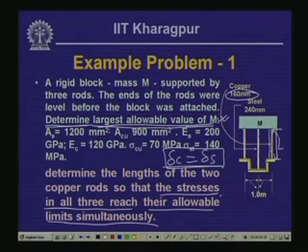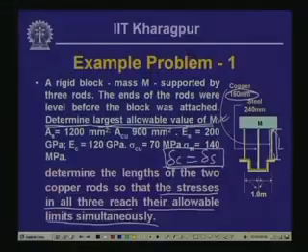Now, the point to be noted here: in the previous case we had evaluated the value of m from the criteria that the deformation in the members is the same, and thereby since they are of different lengths, they have different strains and correspondingly different stresses. Now, we would like to find out what should be the length of the copper rod, so that both steel and copper rods reach the limiting value of their stresses.